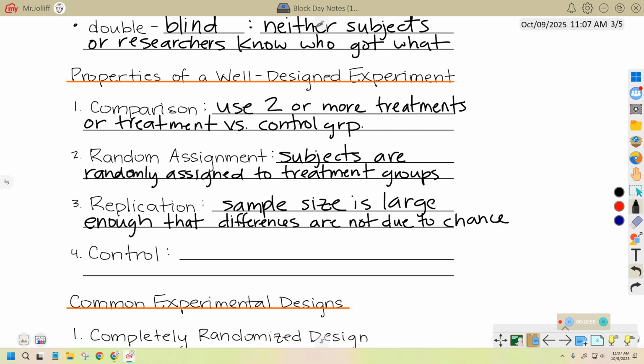The last is the idea of control. We need to control all of the potential confounding variables.